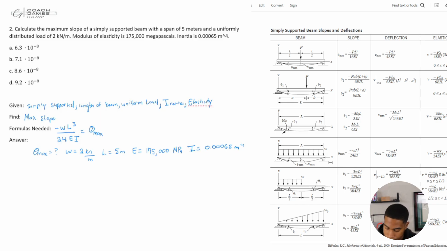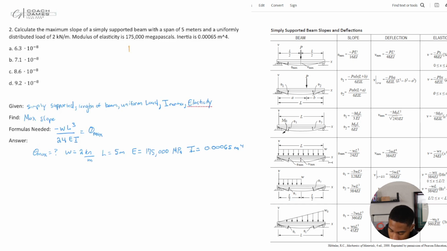So now, what are some things that we need to note again? Okay, so we plug in everything. We want everything to be in newtons and in meters, so that way our units will cancel. So you need to remember that 1 Pascal is equal to 1 Newton over meters squared.